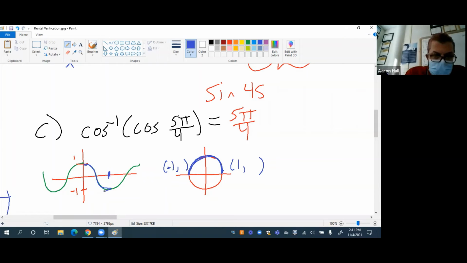So that would be something like that. I don't know if I reflected it right. Doesn't feel like I reflected it right. Doesn't look like that.